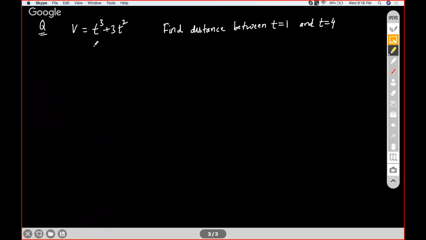So will this ever be negative, by the way? In this interval 1 to 4, will t cubed plus 3t squared ever be negative? No, it'll always be positive.